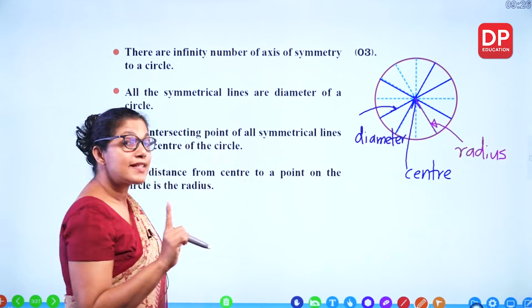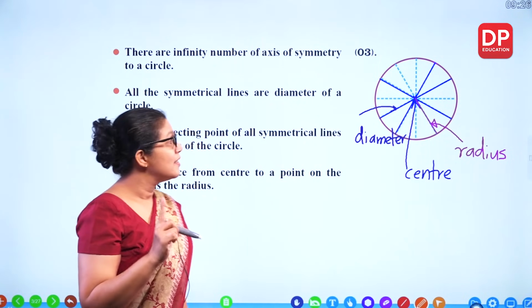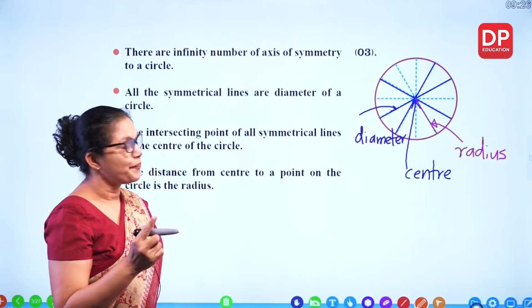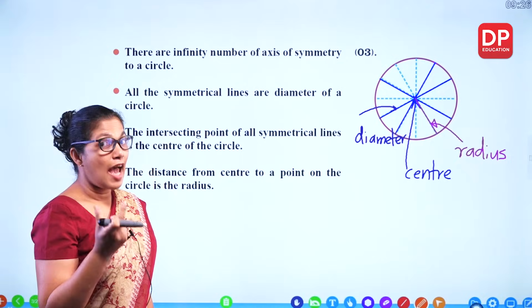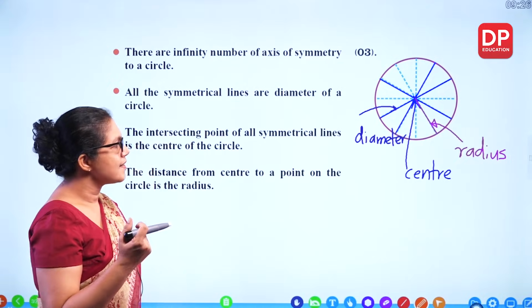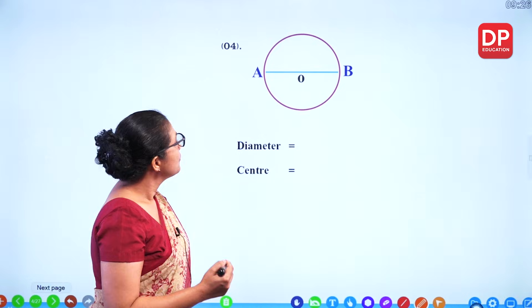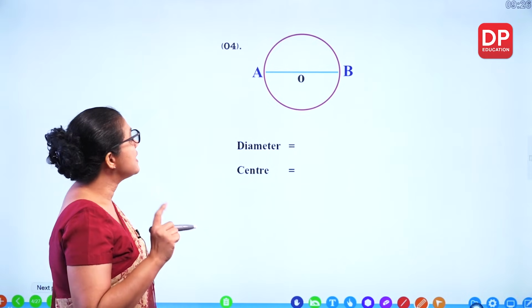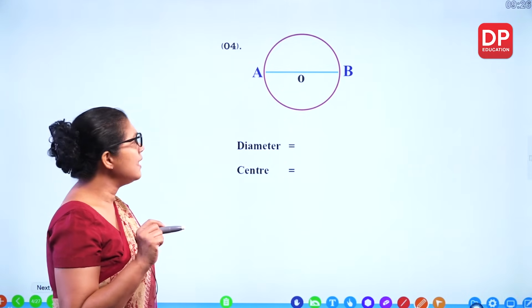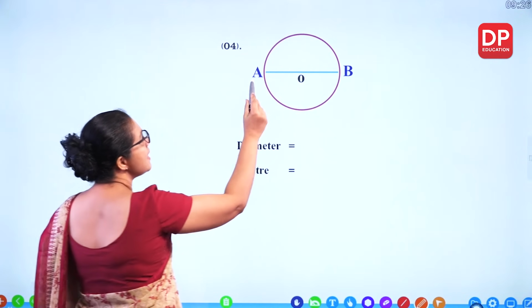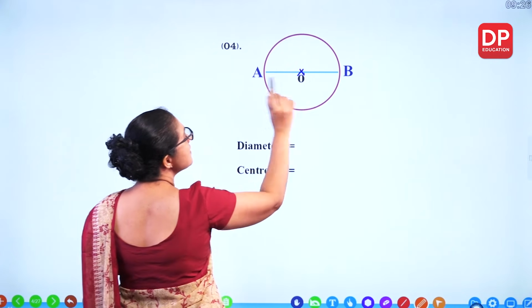When you take a circle, what are the points you need to know? The center, diameter, radius. Look at this diagram. Identify what's the diameter and the center. Diameter is the line that passes through the center.